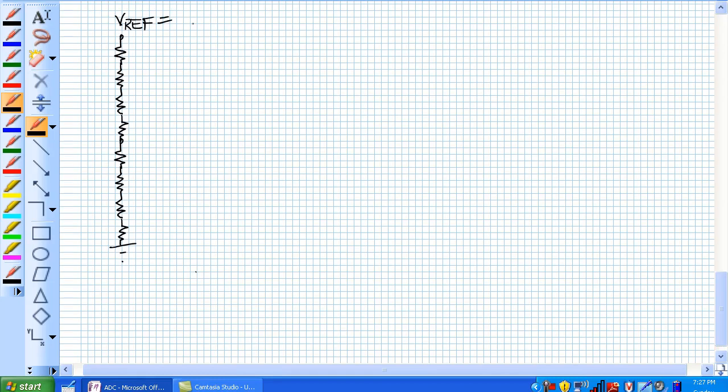So just for argument's sake, let's say voltage reference is 8 volts. And each one of these things, regardless whether they're 10K, 5K, 2K, as long as they're identical, in this particular case R, each one of them is going to have a 1 volt drop across it.